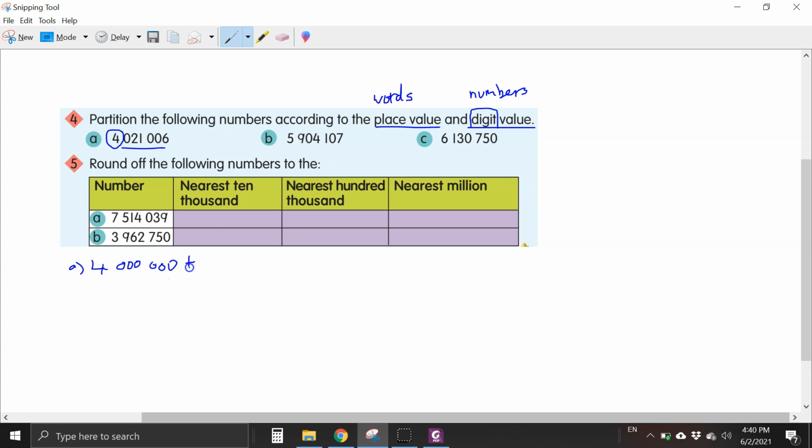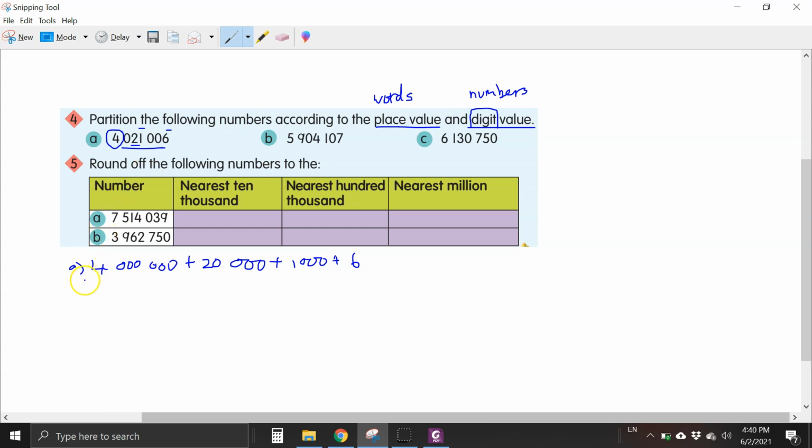And then moving on, we have 2. This is 20,000. And then 1 is 1,000. 6 is 6. All the zeros there, you don't have to do it. You can just ignore the zeros.